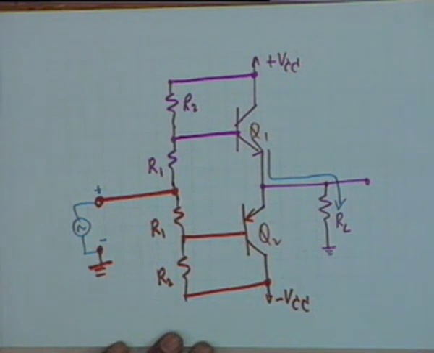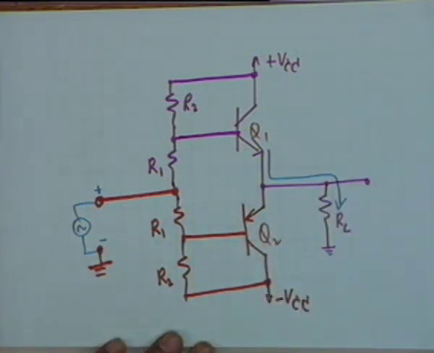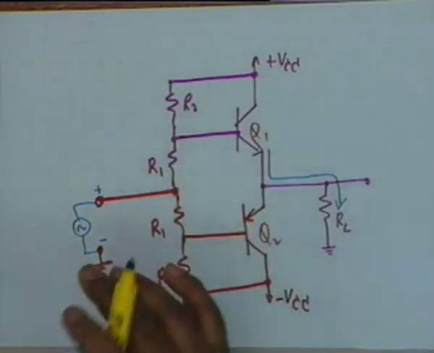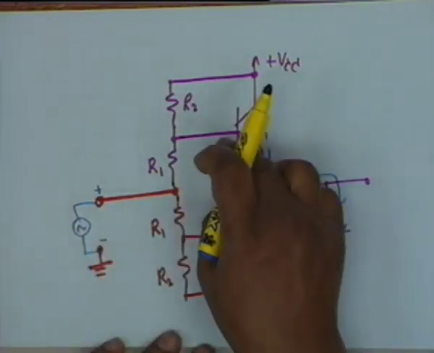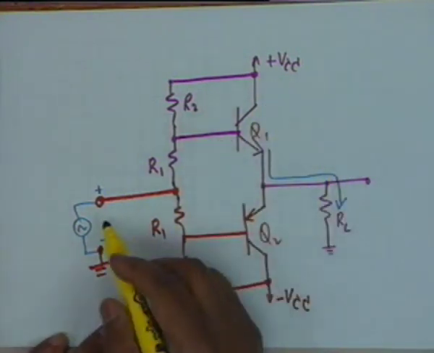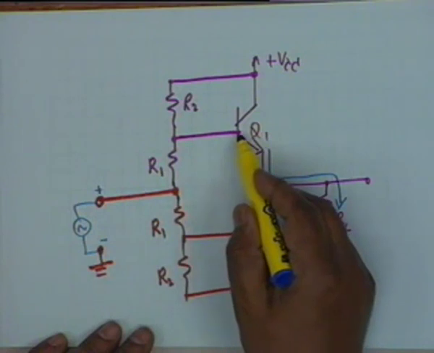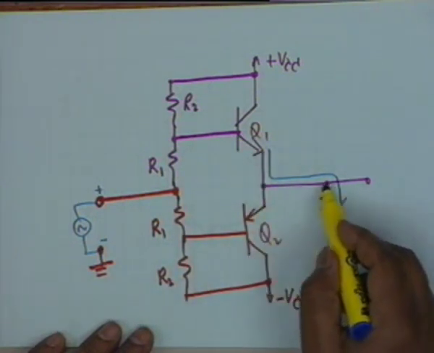Is that clear? Why does not the current flow in this direction? Because Q2 does not conduct. Is the point clear? R1 and R2 are so selected that the bases are just on the verge of conduction. So as soon as this terminal is positive, a current flows like this through the transistor Q1 to the load RL.